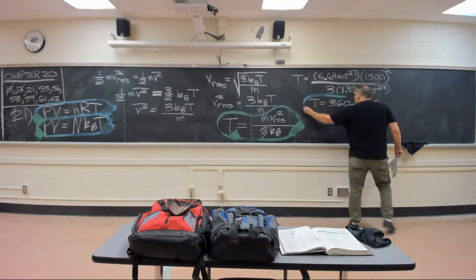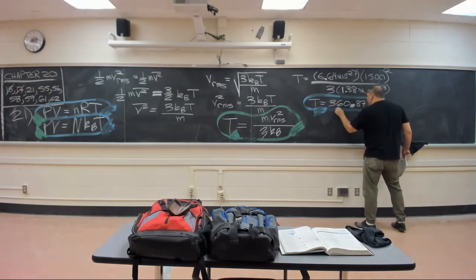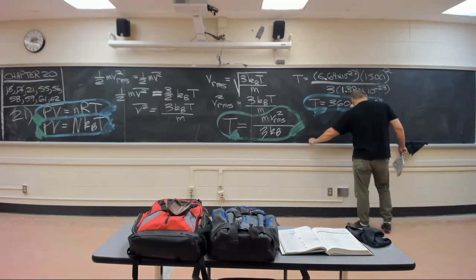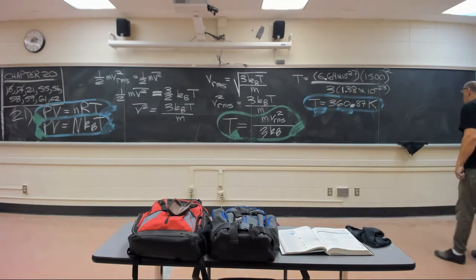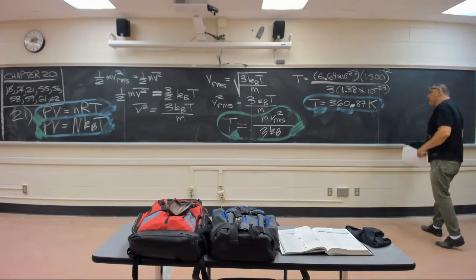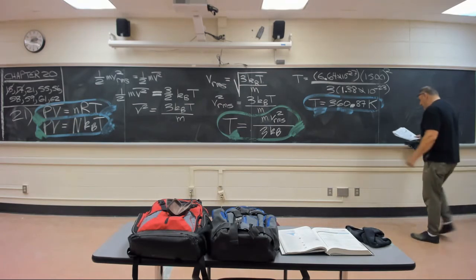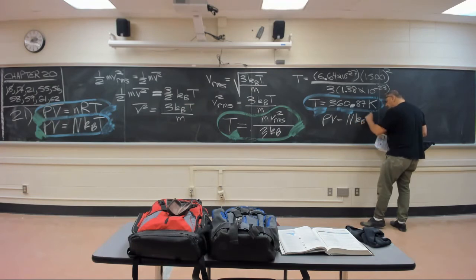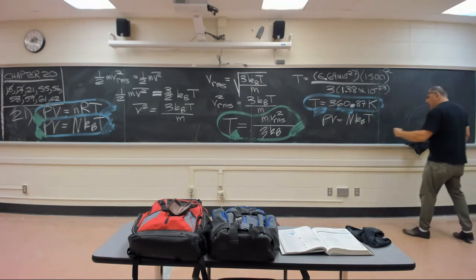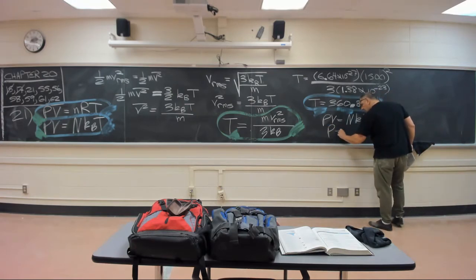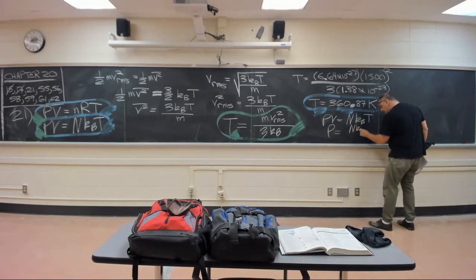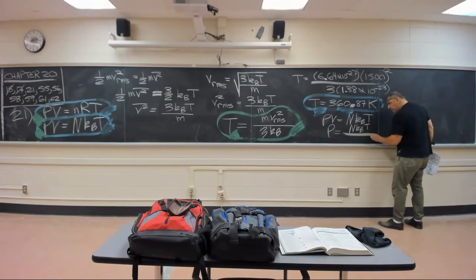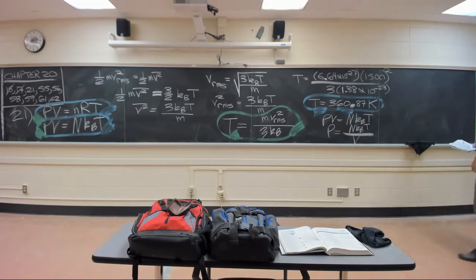So here we go. Didn't necessarily ask that specifically, but it's good to know how to do it, and it may be useful to us down the road when we actually try to apply what we already know. Here's what I mean. PV equals nRT, PV equals capital N kBT. The pressure, divided by V on each side, is right there.